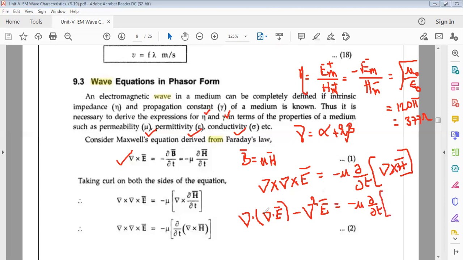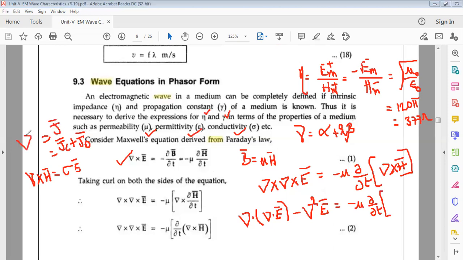Okay, take the Maxwell's equation derived from Ampere's circuit law, del cross H bar is equal to J bar.